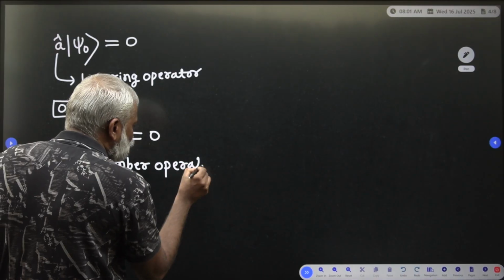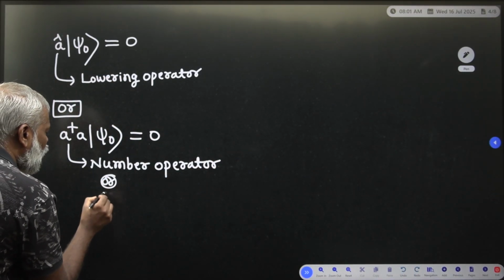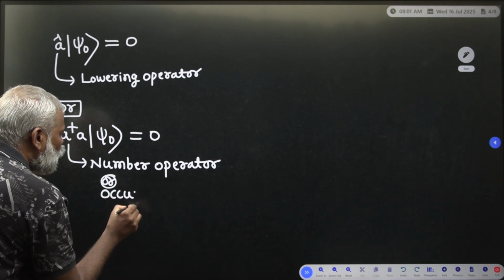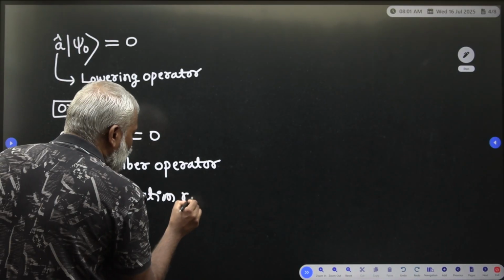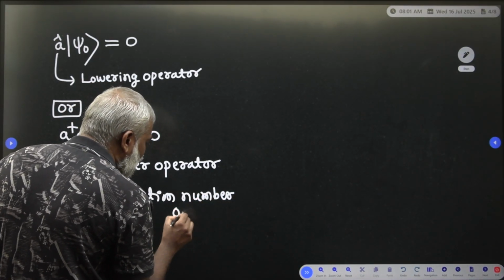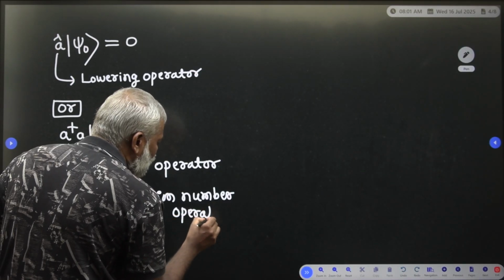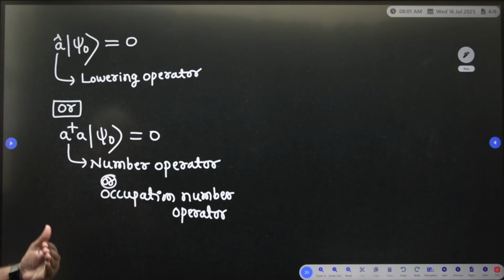After some time I will teach what the number operator is. So, this operator we also call the occupation number operator. a†a is equal to the number operator.